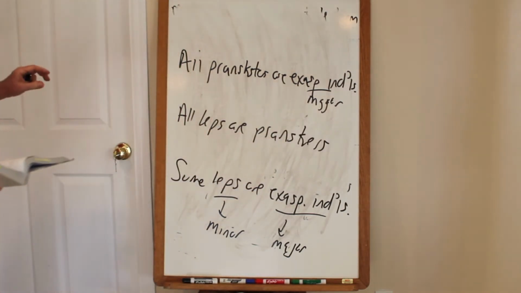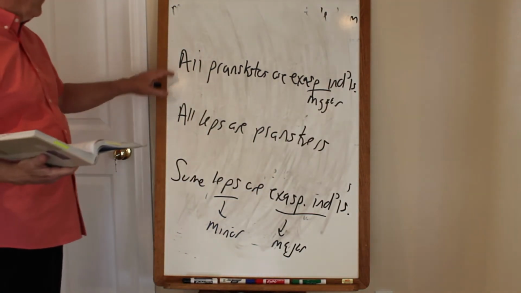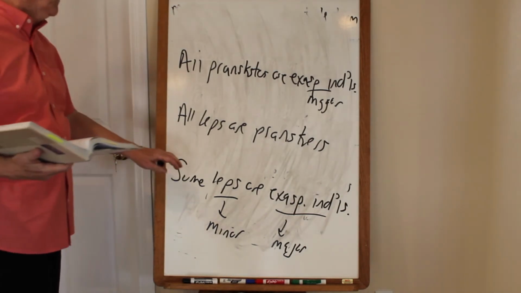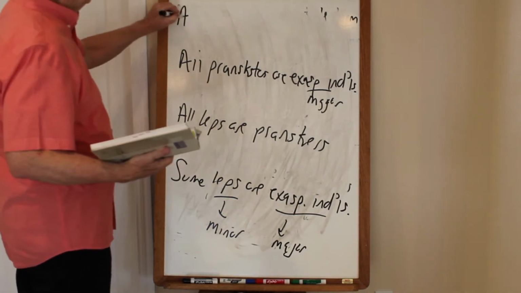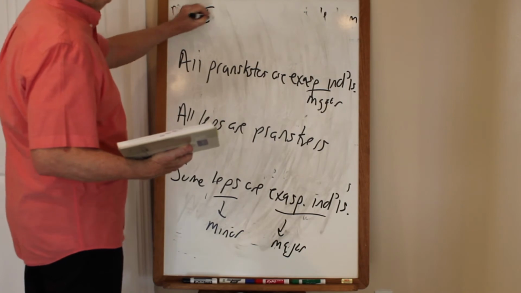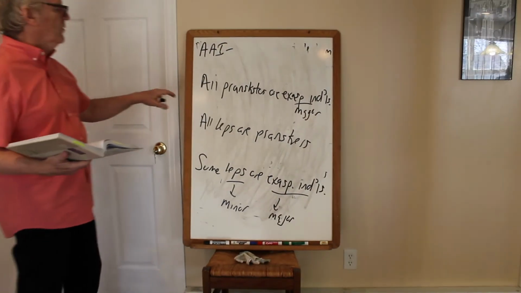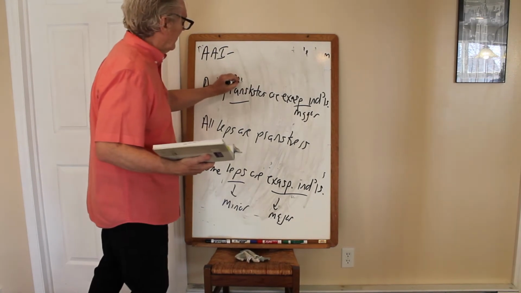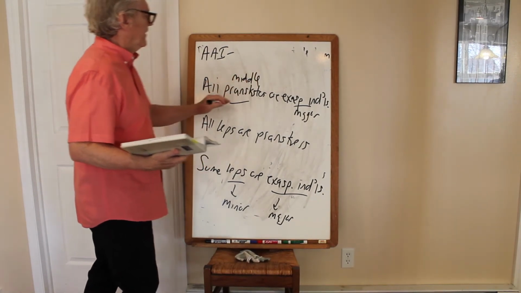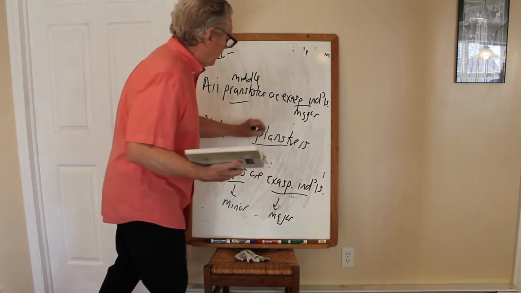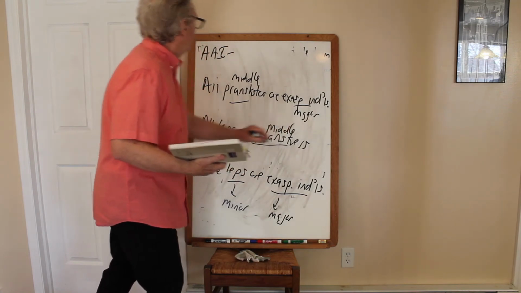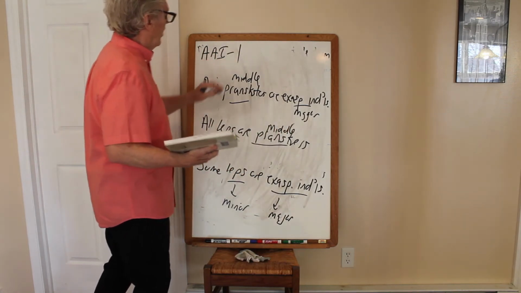If I look at the mood and figure of that, I have universal affirmative, universal affirmative, particular affirmative. That's AII. Right horizontally this time, and then the figure refers to the position of the middle term. Middle term is the term that occurs once in each premise. So in this case, AII figure 1.